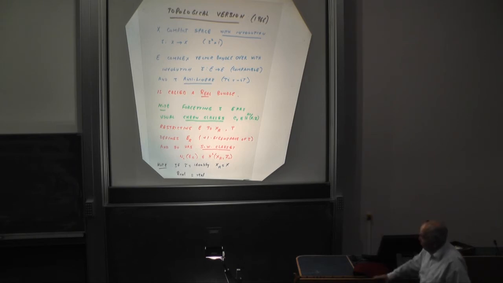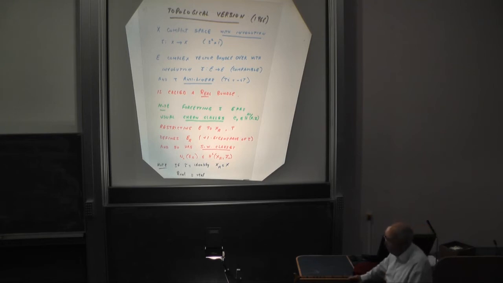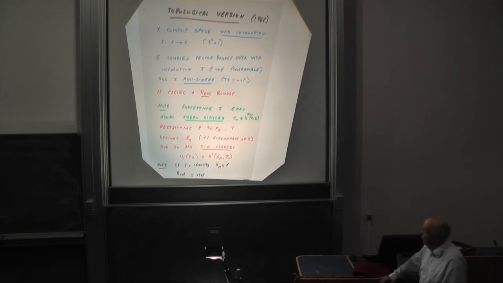Down at the bottom, you notice that if the involution is the identity, if it's trivial, then every point is fixed, and X^R equals X, and the two notions of reality coincide, because if you've got a point which is fixed by the involution, then over the fibre of that point, what you have is by definition an antilinear map, square 1, and that has plus or minus 1 eigenspaces over the reals, and the plus 1 eigenspace defines the ordinary real vector space, and what you've got is the complexification of that space.